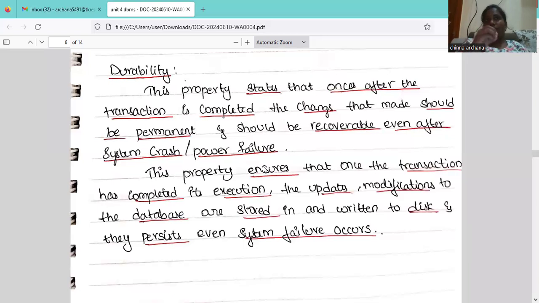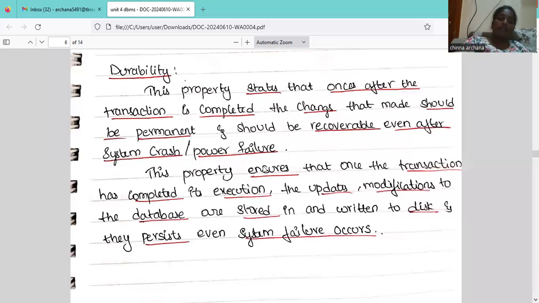So multiple copies of the database have to be kept, and whatever changes happen in the original database should also be done to the multiple copies, so that if, due to system crash or power fluctuations or whatever it may be, we lose one database, we should be able to recover with another database also. So this is durability.